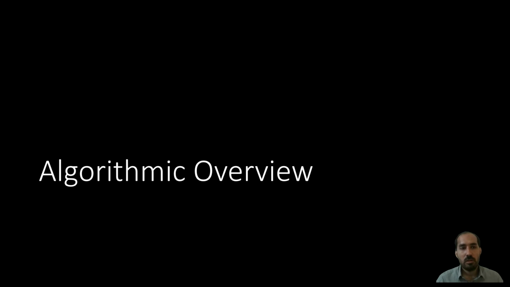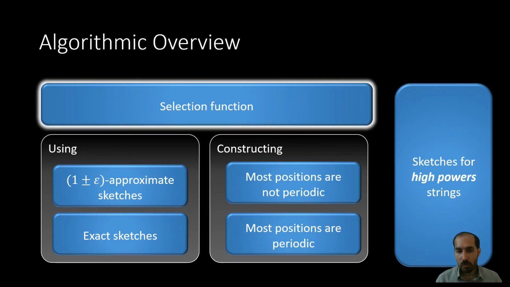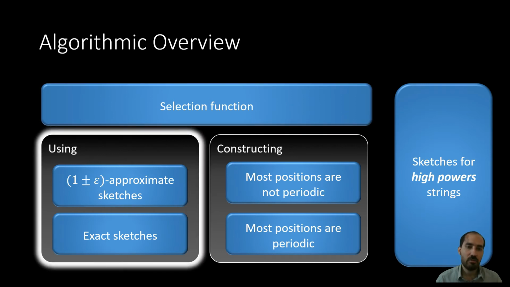Now I want to give an algorithmic overview of the paper and the algorithm. The main tool we define in the paper is the selection function. We will discuss it in a few minutes. Then we show how to use this selection function in order to introduce 1 plus minus epsilon approximation sketches and exact sketches.